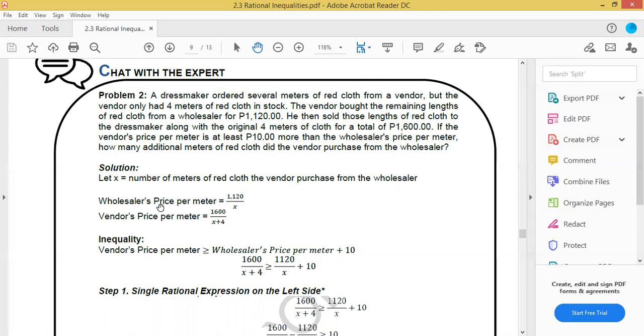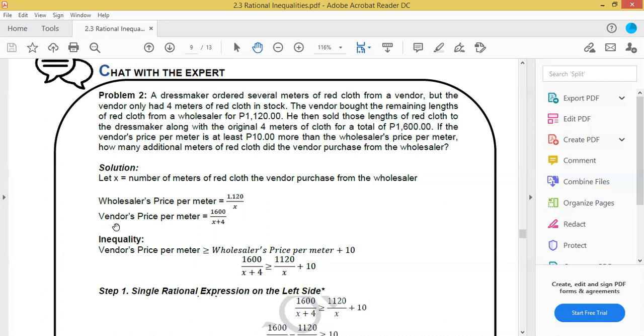Now remember that the wholesaler's price per meter is 1,120 over x, because this is the total amount paid by the vendor to the wholesaler divided by the number of meters of red cloth.